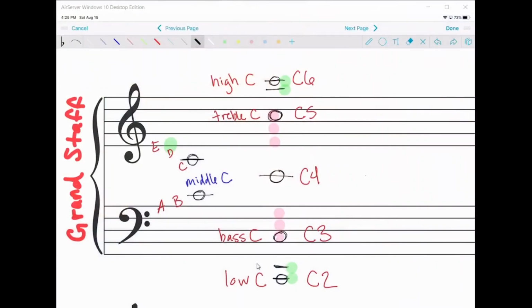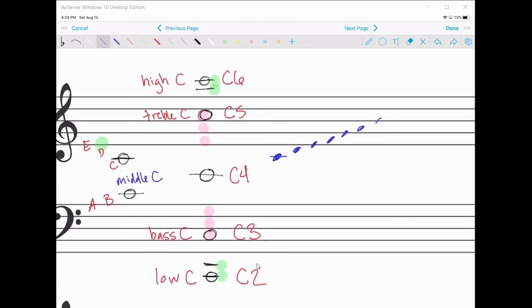So if I wanted to write all the notes from middle C up to treble C, then all of this would be C4, D4, E4, F4, G4, A4, which is A440 that the orchestra tunes to, B4, and then this would become C5, right? That's where the number changes.